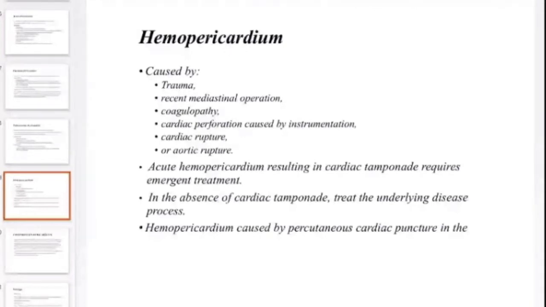When we have a collection of hemopericardium and acute tamponade, suppose we have 1000 cc of blood. When you aspirate only 5 to 10 cc, it will lead to the survival of this patient.